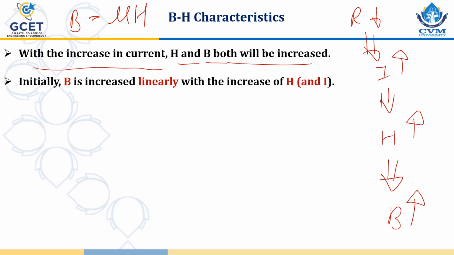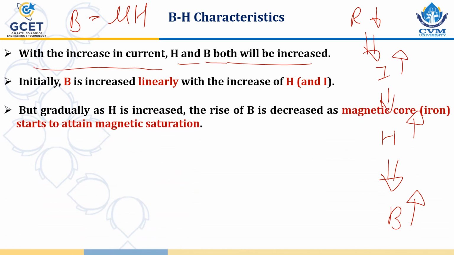Initially, B is increased linearly with the increment of H and I. And gradually as H is increased and it reaches up to a certain value, the rise of B slows down. So what is the condition?